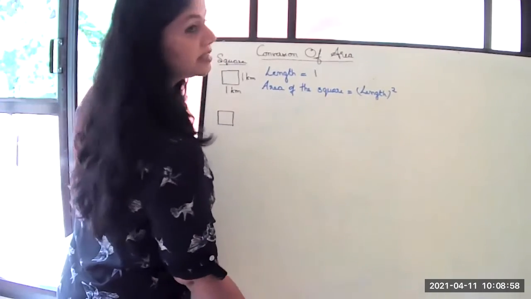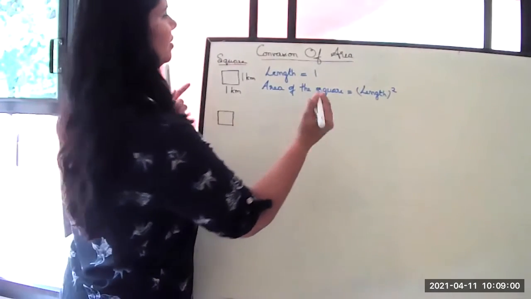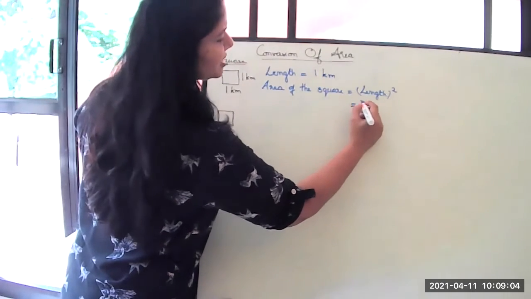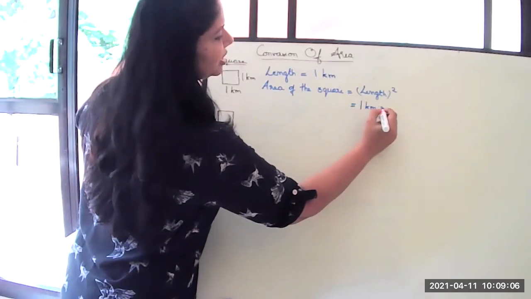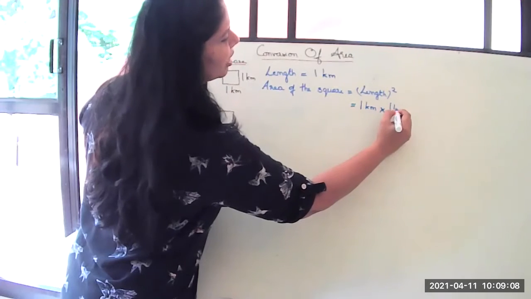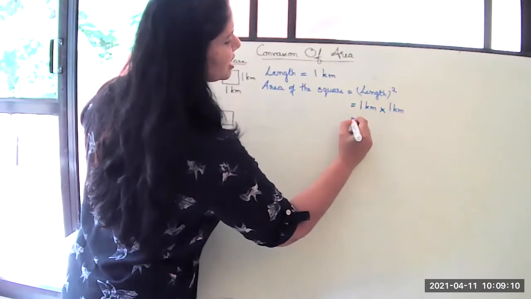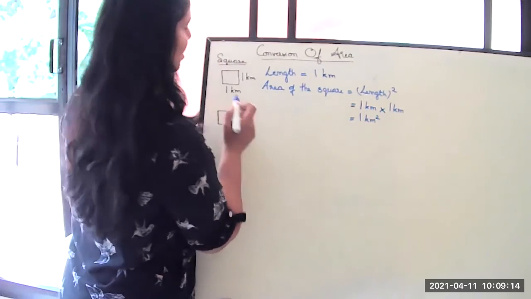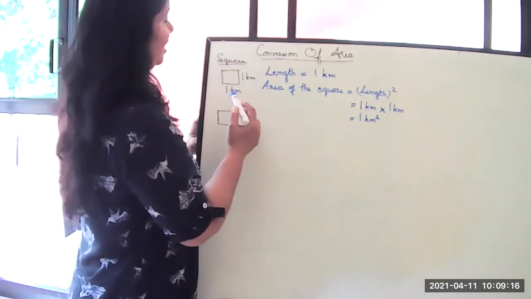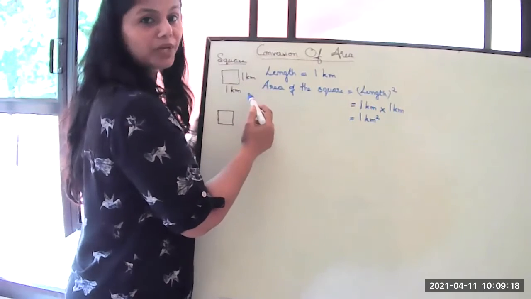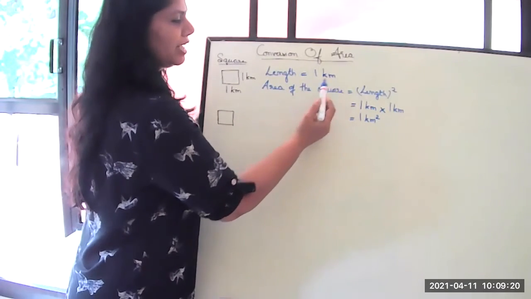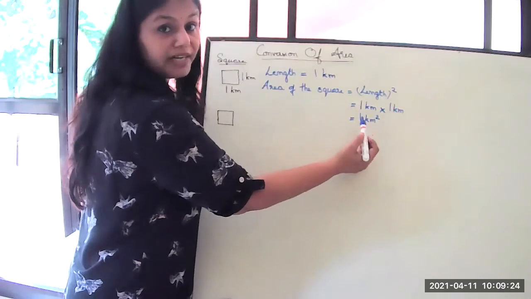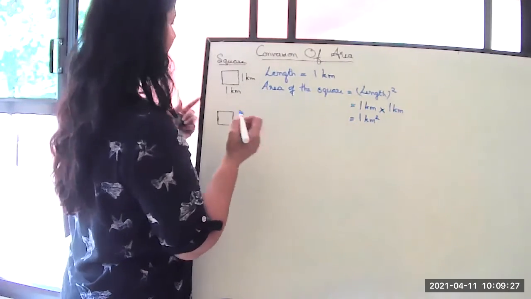I'm correcting it, 1 kilometer. So the length square is 1 kilometer multiplied by 1 kilometer. That is equal to 1 kilometer square. So length is 1 kilometer and the area is 1 kilometer square.